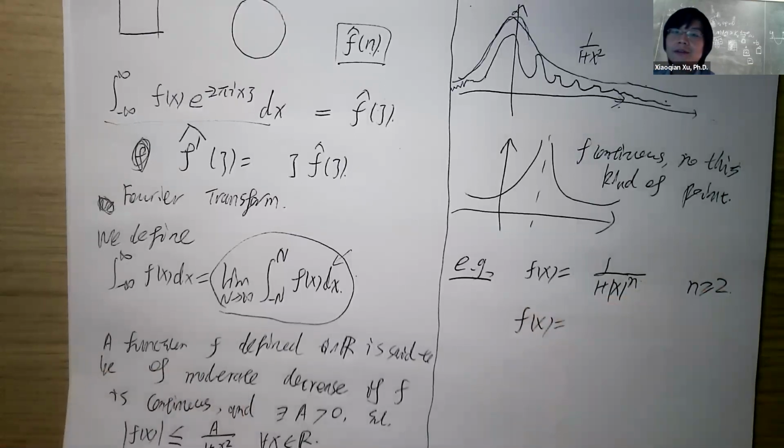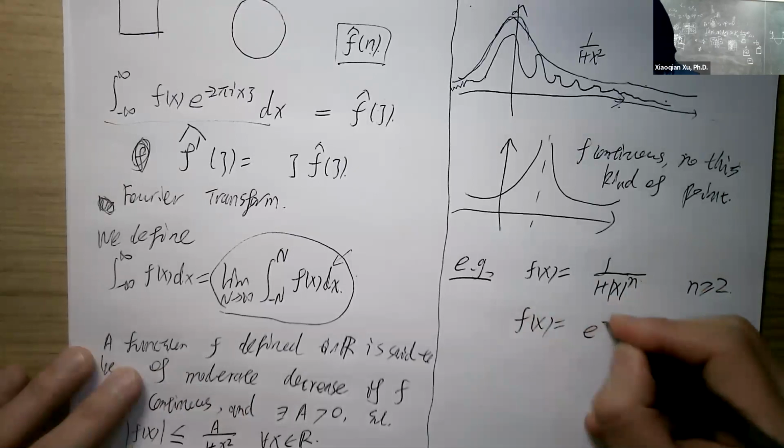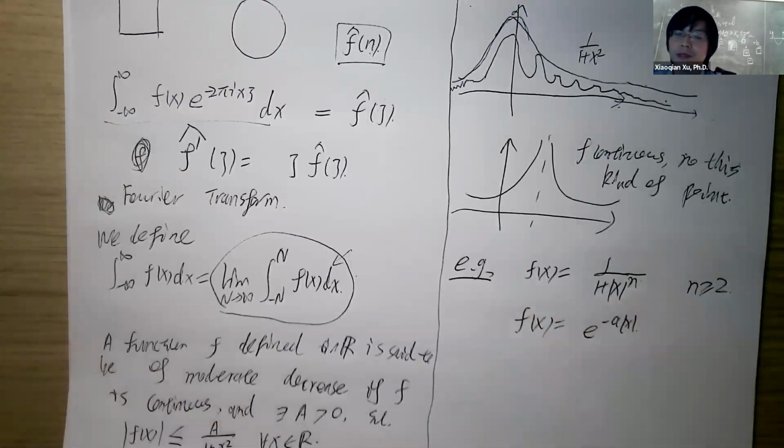Or you may have some function that looks like an exponential. We know that exponential functions decay faster than polynomials, which means if you multiply a polynomial by this exponential function and take x to infinity, then you get 0. You will always get 0.